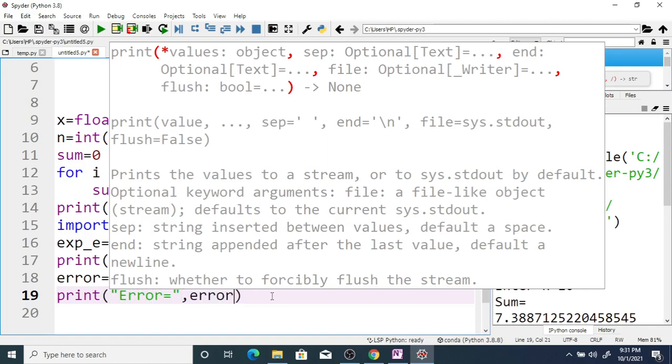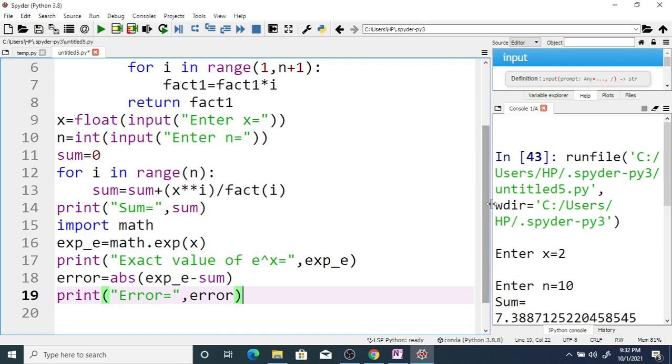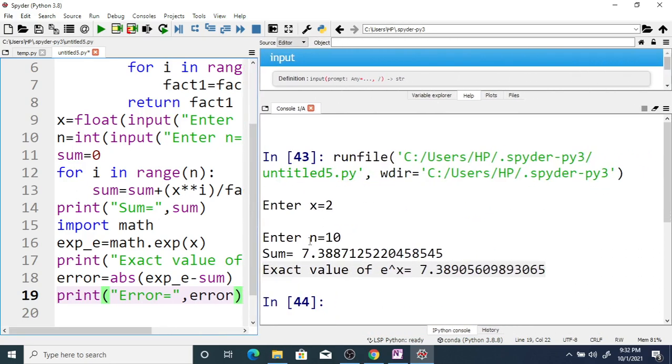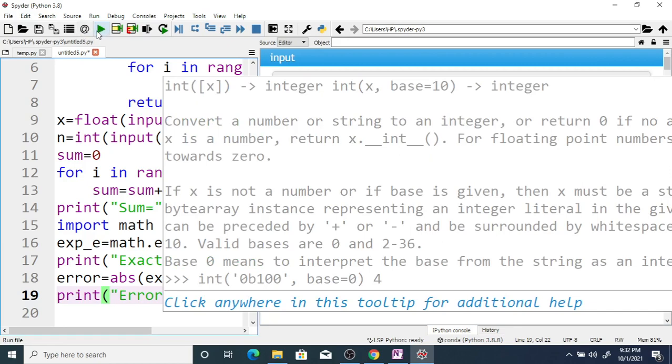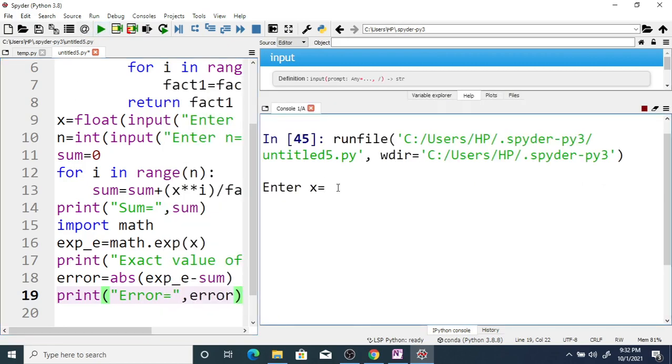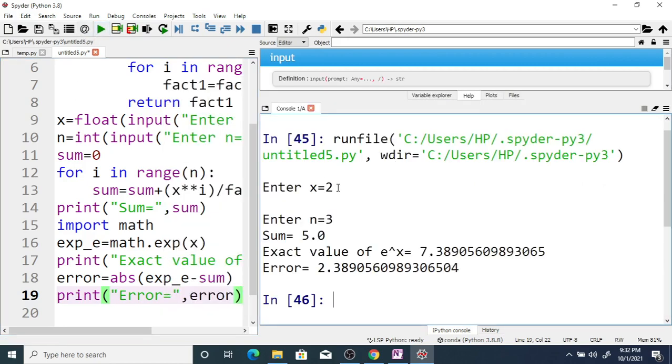Now you can observe here, if you take fewer terms, then the error will be very large. Suppose we run this and enter x is equal to 2 and number of terms is say only 3, then you can observe here the error is 2.3890.